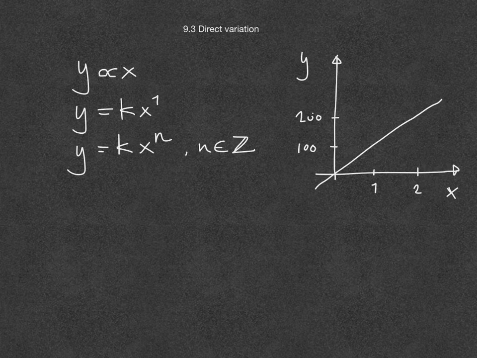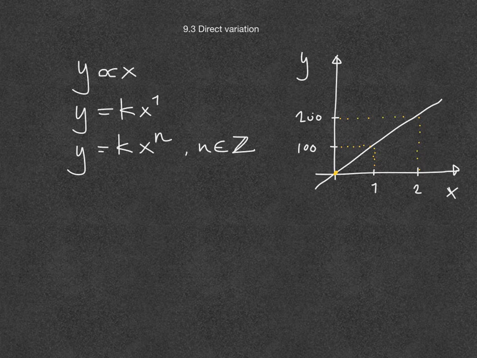A simple example would be pay. If you work 0 hours, you get 0 money. If you work 1 hour, you get 100 kroner. If you work for 2 hours, you get 200 kroner.